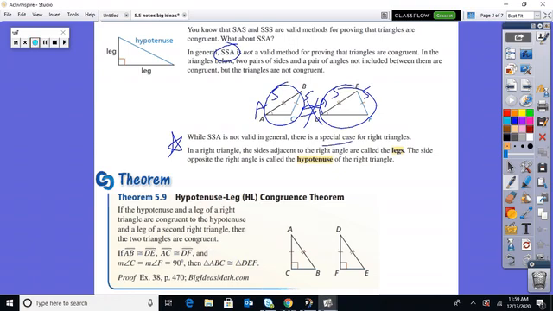There is a special case for right triangles where angle side side will actually work. In a right triangle, the sides adjacent to the right angle are called the legs, of course. The side opposite is the hypotenuse. So therefore, check this out. Hypotenuse leg means you have hypotenuses matched up with a pair of triangles, right triangles, and then you got a pair of legs matched up.